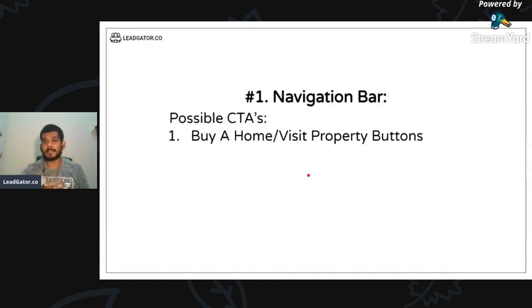Other than your menu options, you can put something which looks like a proper button, which can say buy a home or visit a property. These buttons lead the visitor to a buyer's funnel where you ask for their information, majorly their name, number, and email. That is how that person becomes your lead.